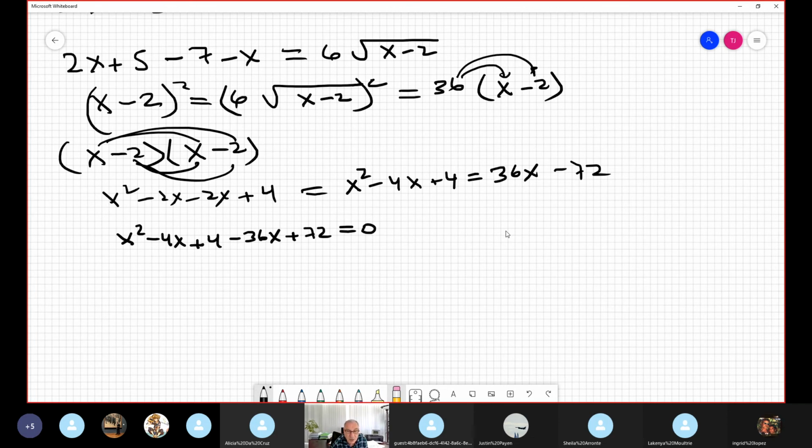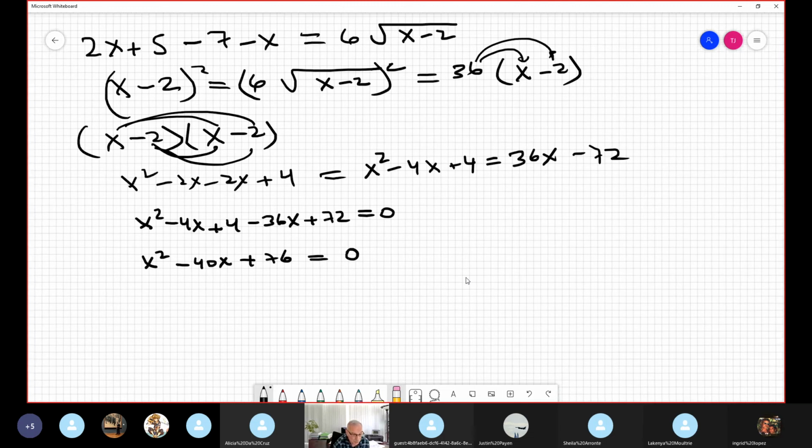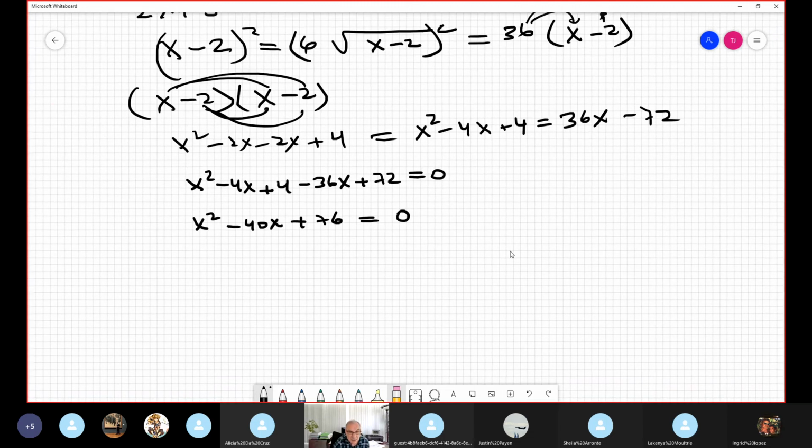I move everything to the left, and one more time we combine like terms. It's x squared minus 40x plus 76 equal to 0. Wow. In this case it's a little bit confusing, but this is motivation for the next class.